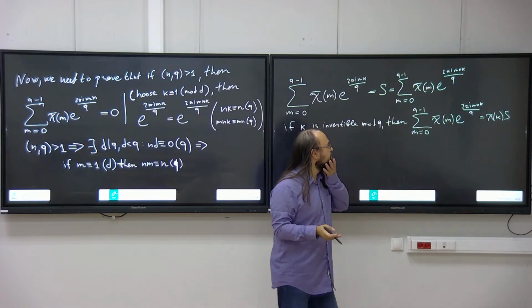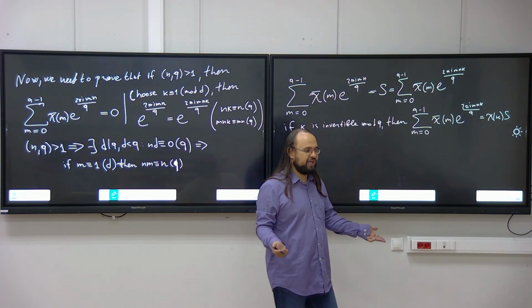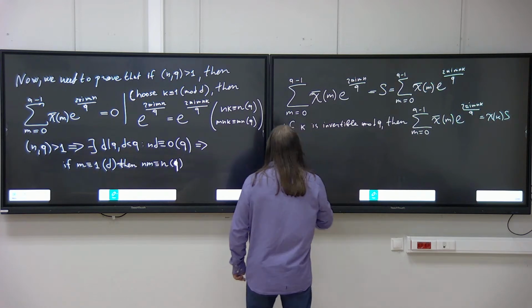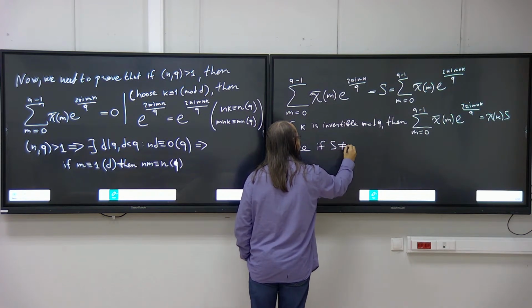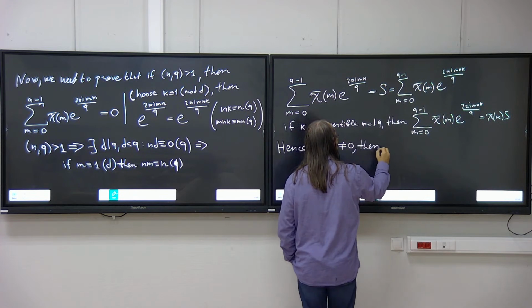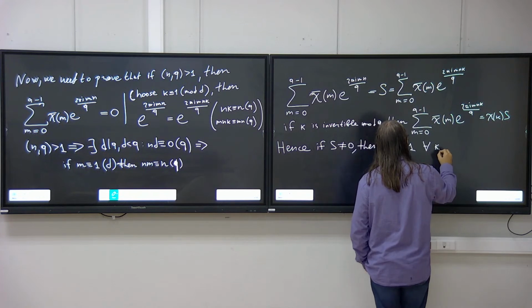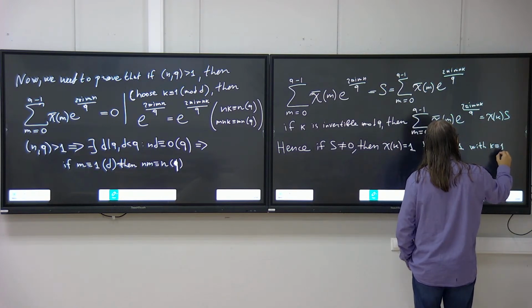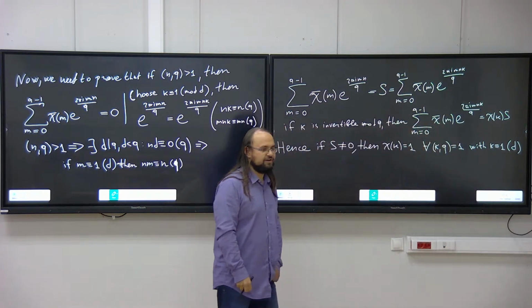You need to divide your variable by k, and then you get chi bar of 1 over k, which is chi of k. Correct? Hence, if s is not equal to 0, then chi of k must be equal to 1 for all k which are coprime to q, with k congruent to 1 modulo d. Right?